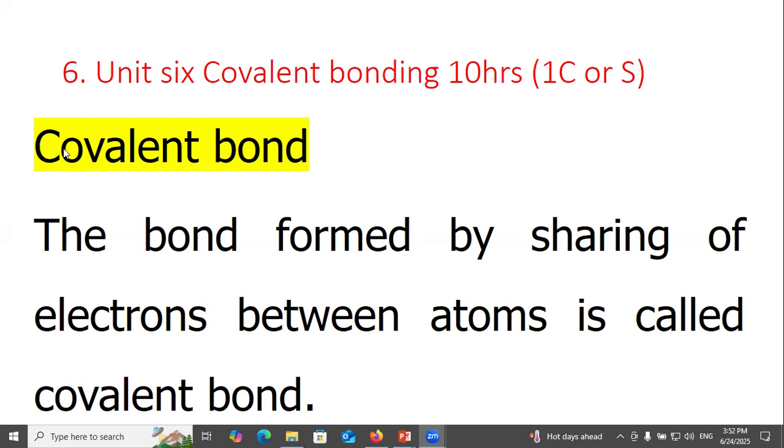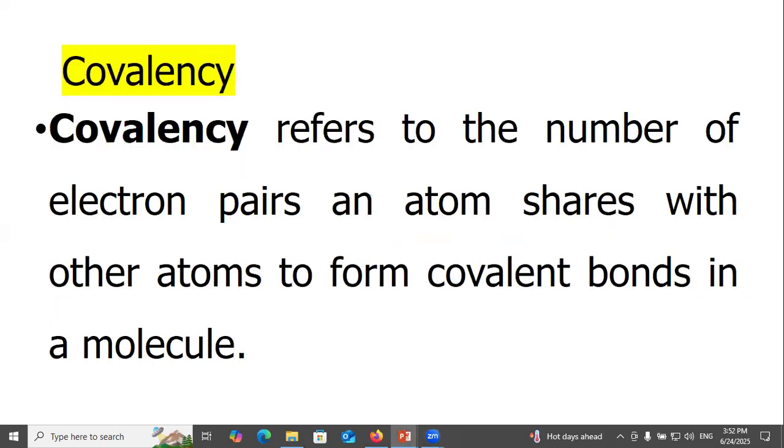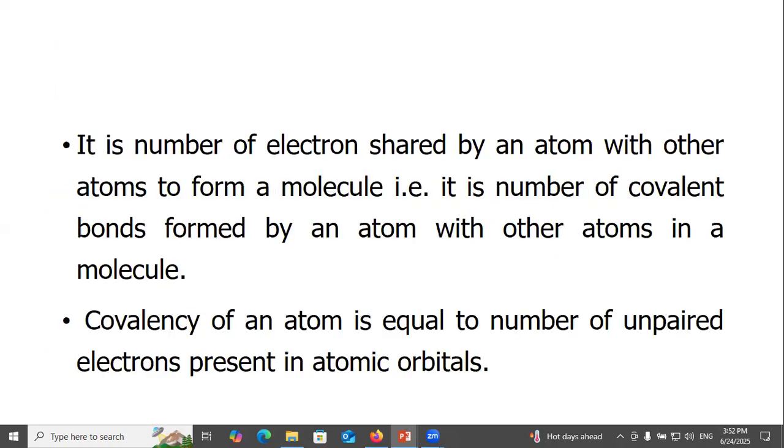Okay, covalent bonds. The bond formed by sharing of electrons between atoms is called covalent bond. Covalency refers to the number of electron pairs an atom shares with other atoms to form covalent bonds in a molecule.